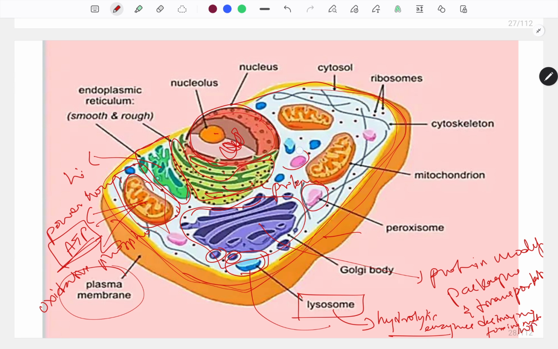And these are peroxisomes. These are mainly involved in fat metabolism and detoxification also. And in the case of plants, they are involved in photorespiration.